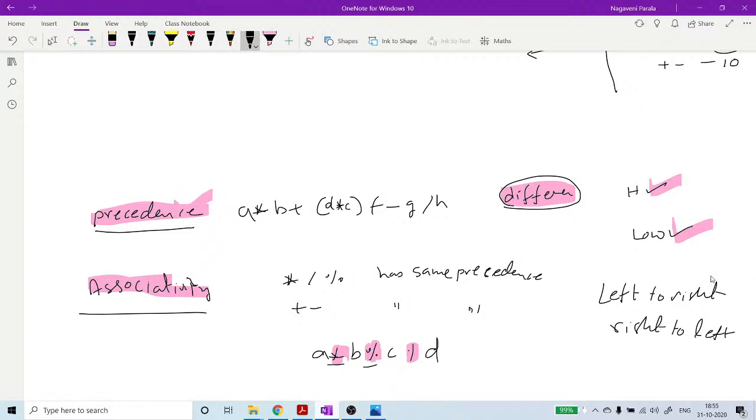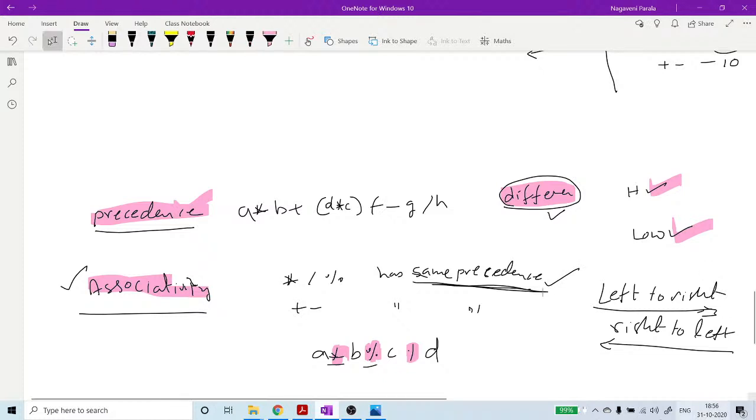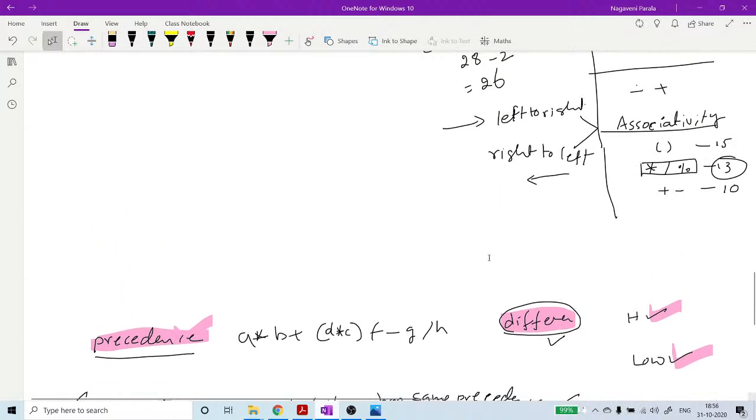Suppose the operators are of the same precedence, then whether I have to evaluate from left to right or right to left will be decided by the associativity. Is it clear? Different operators, and here operators are of same precedence. Understood? Most of the operators will have left to right, very few will have right to left. I will show you.